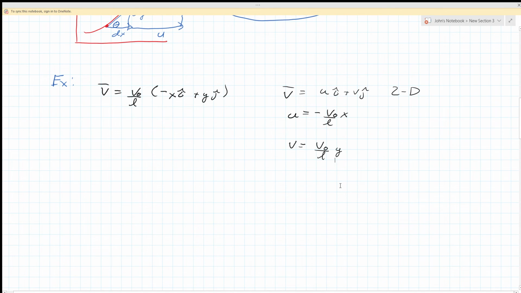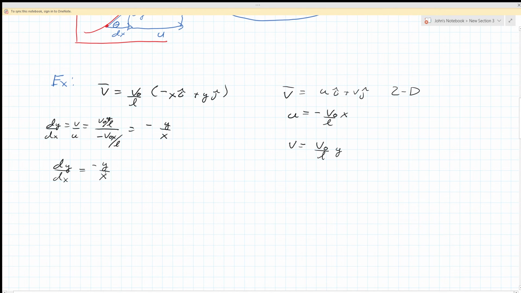So let's plug it in. I get dy/dx is equal to v over u, which is equal to v naught y over L over negative v naught x over L. This is going to equal negative y over x. So my streamline differential equation is this.